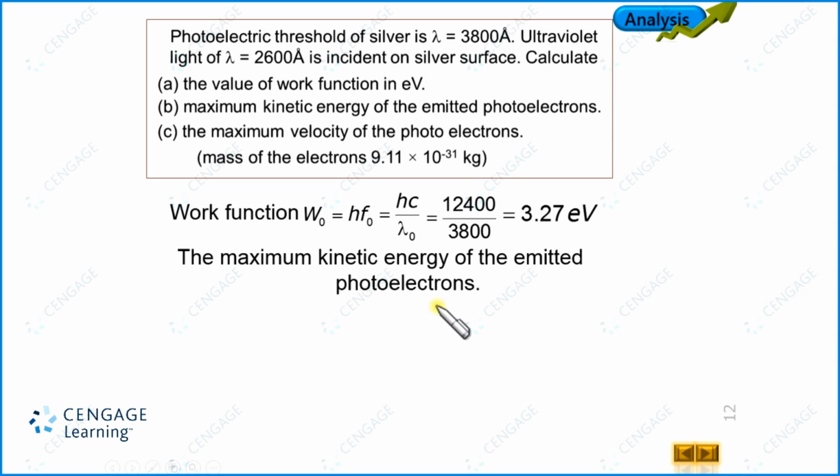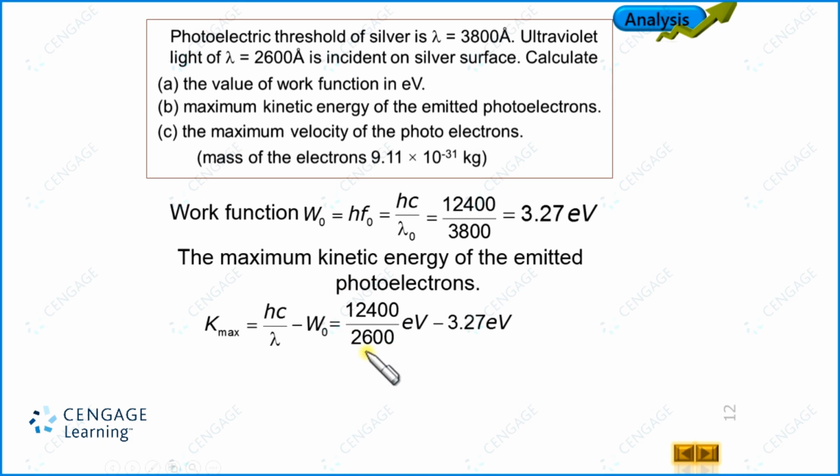W naught is the work function, and the incident energy equals h c divided by lambda, where lambda is the wavelength of the incident radiation, and for h multiplied by c we can write 12400. So let us write the expression 12400 divided by 2600.